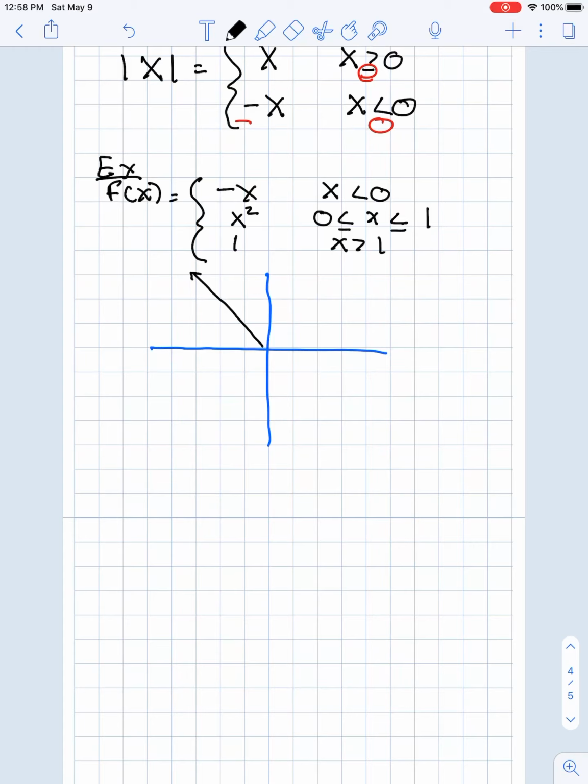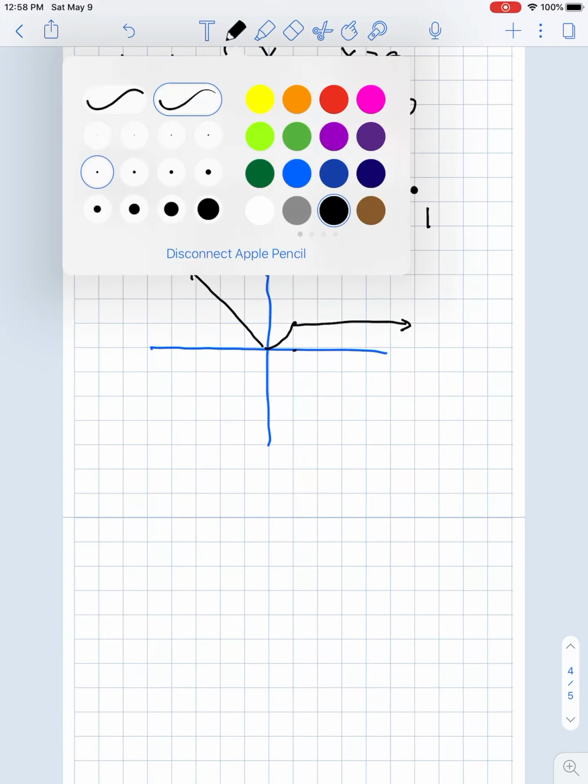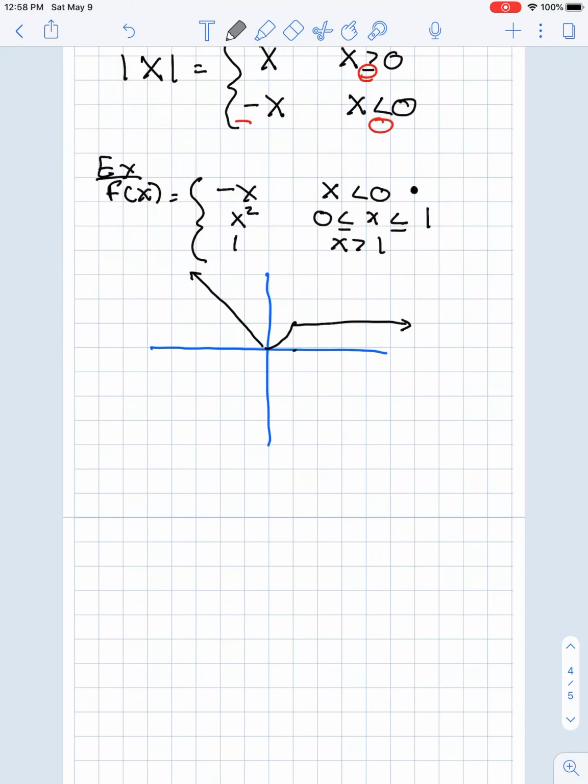And that's going to go on forever. And that's this bit right here. Now the middle one, when it's x squared, so we're going from 0 to 1, that's going to look kind of like that. And then we're going to be 1 moving on. So if you haven't noticed, I kind of forgot a little something. When I draw these little lines, let's do these gray ones.